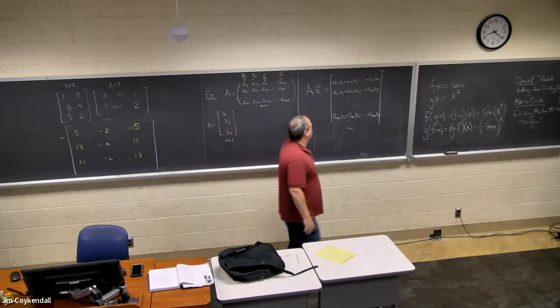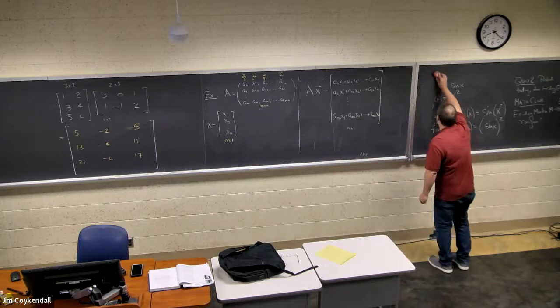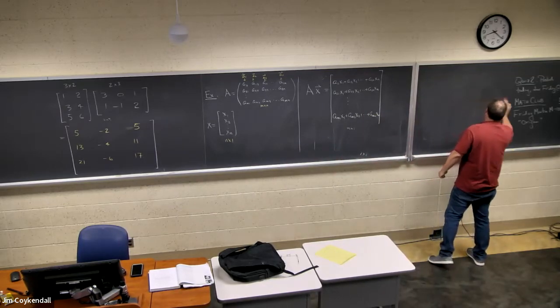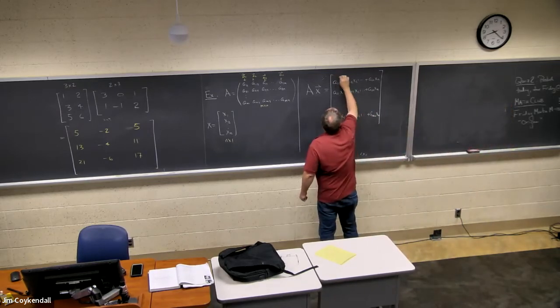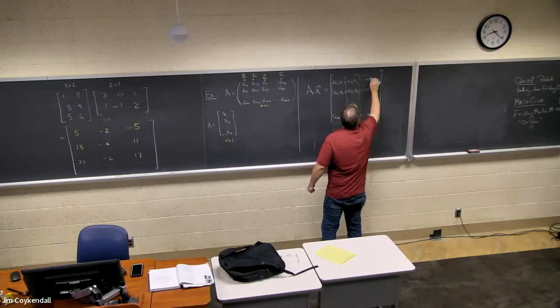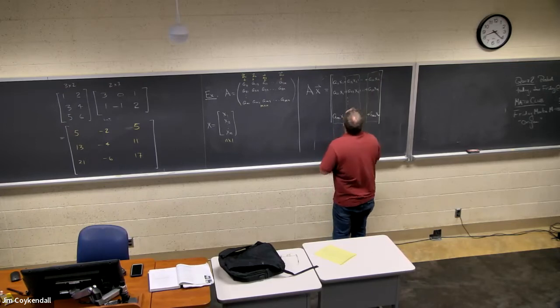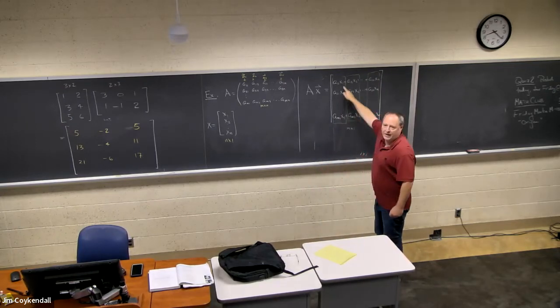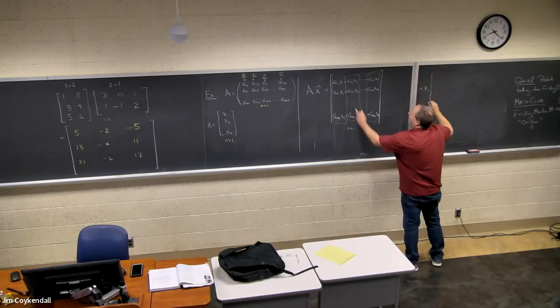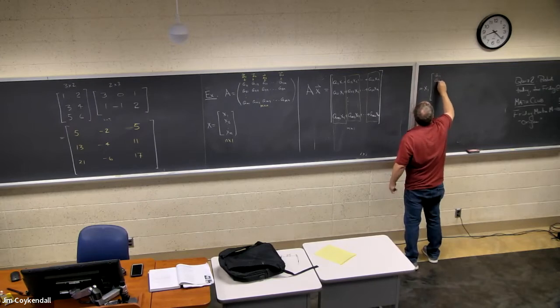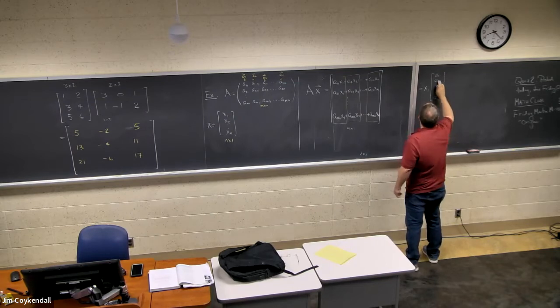And this is the way your book goes. Your book kind of picked it apart this way. What your book did is it broke this out into separate columns. Notice there's a common factor of X1 in this first column. So this is actually X1 times the column vector A11, A21, up to AM1.